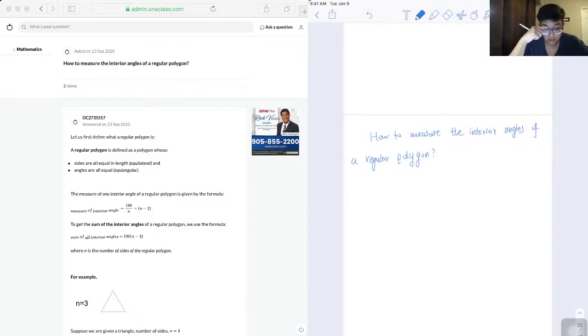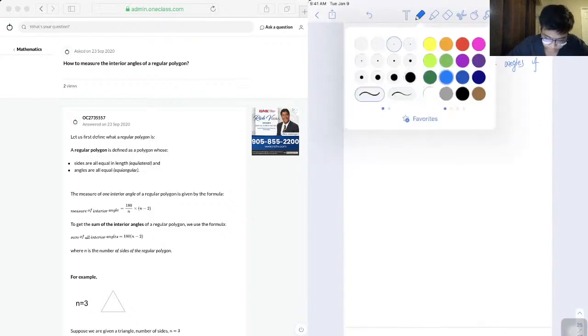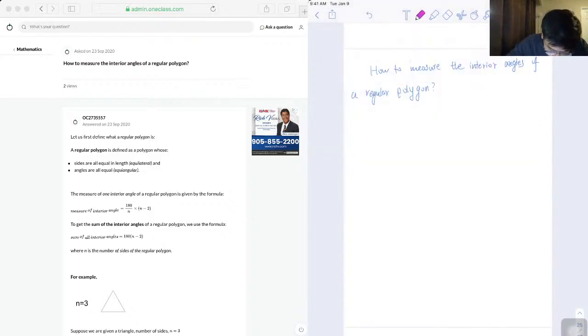So first, let's talk about what regular polygons are. The definition is that the sides are all equal in length.